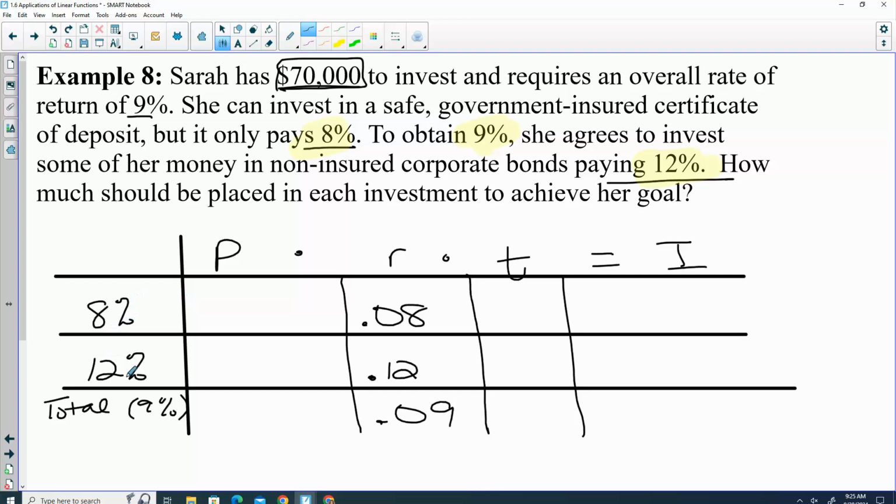Is that the amount of 12%, the amount of 8%, or the total? Total. Is it the interest that we've earned, the time, or the principal? Principal. How much we have to start with.